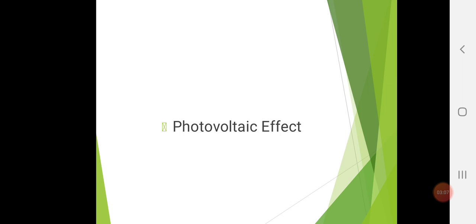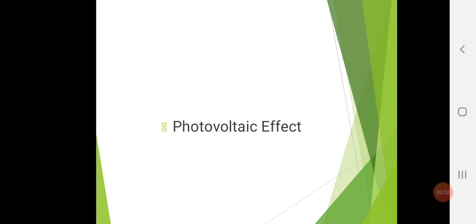Now, the next point is the photovoltaic effect. Before this, I would like to tell you about the structure and construction of these solar cells. This cell basically consists of PN junction photodiodes, which have a very large light sensitive area. So the main part is what?